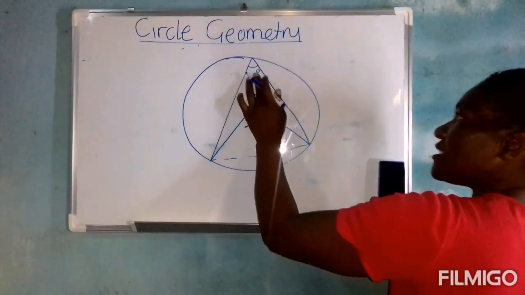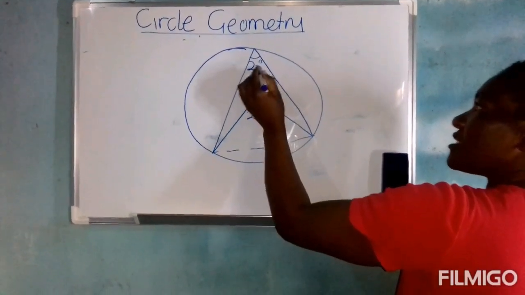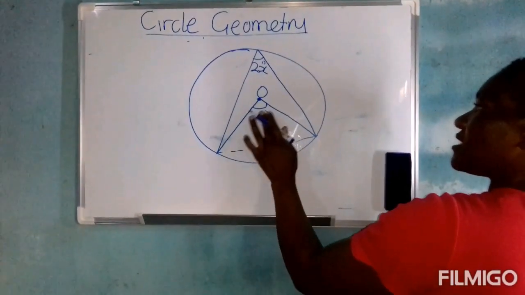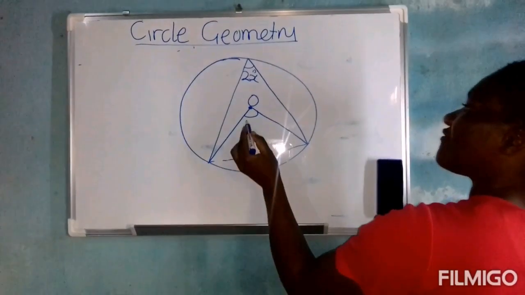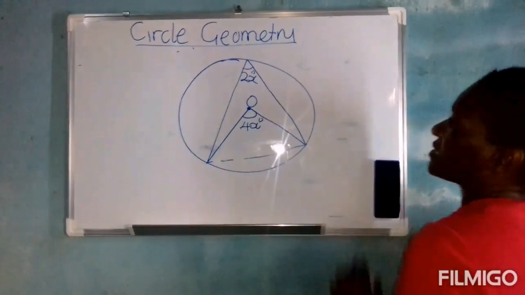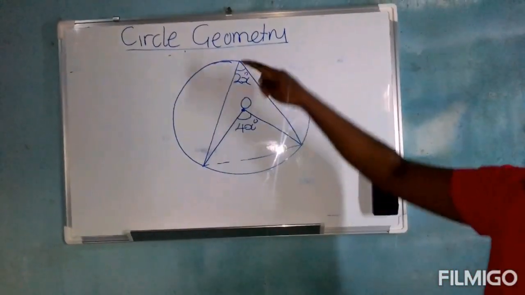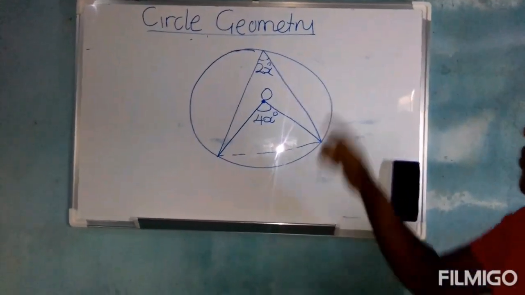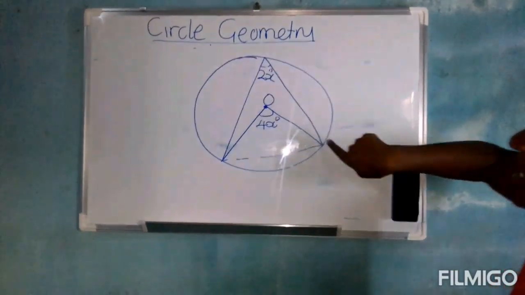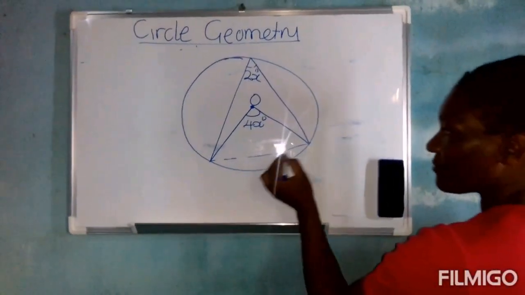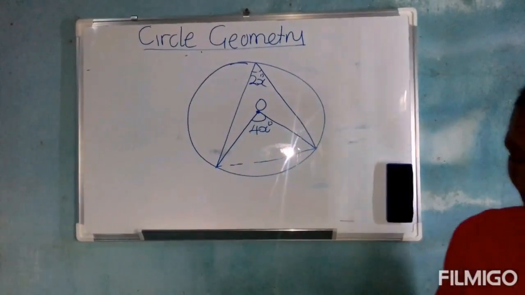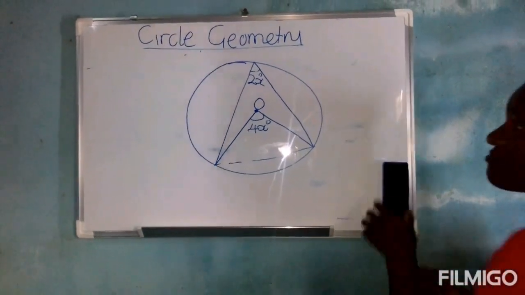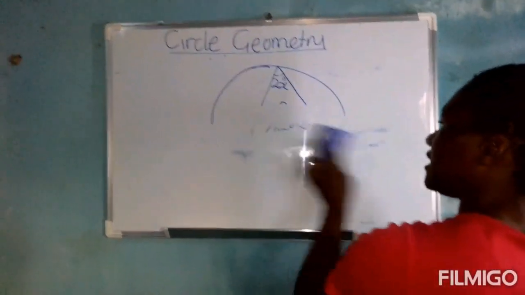If this is 2x degrees, then this is 4x degrees. This angle is twice this angle. So the angle subtended at the center is twice the angle subtended at the circumference if they are subtended by the same chord.